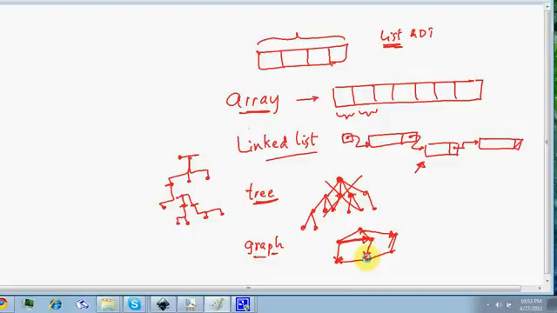So it's an acyclic graph, an acyclic directed graph, ADG. It's an awesome graph. It's an awesome data structure. There are lots of problems around us, lots of data around us which can be represented like this, ADG. So anyway, so these are all different kinds of data structures.